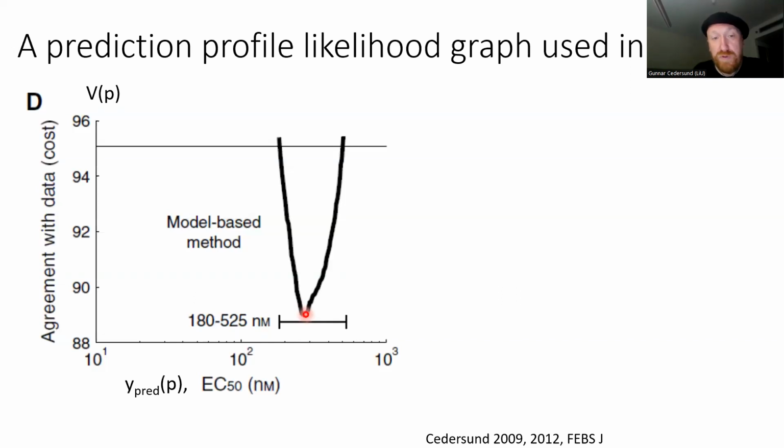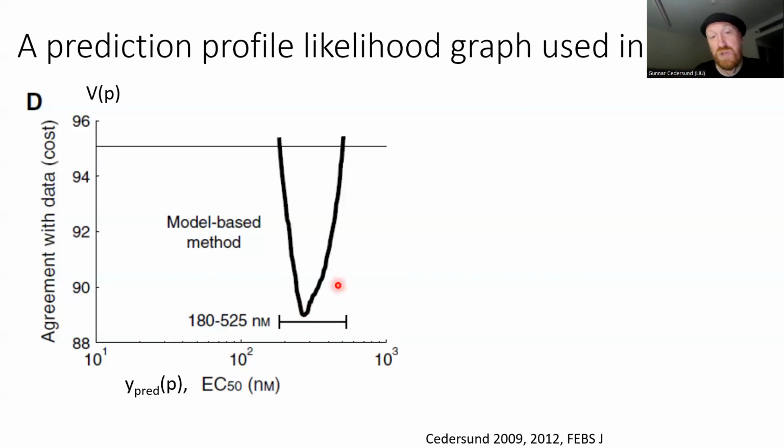Here you want to determine the value of EC50, which is not a parameter, it's a model property. And then you're adding this punishment term to the cost function to make sure that the optimization will find the best possible cost where it's fulfilled that EC50 is equal to this value. And then you see that you have this trade-off and you have this very nice U-shaped curve here.